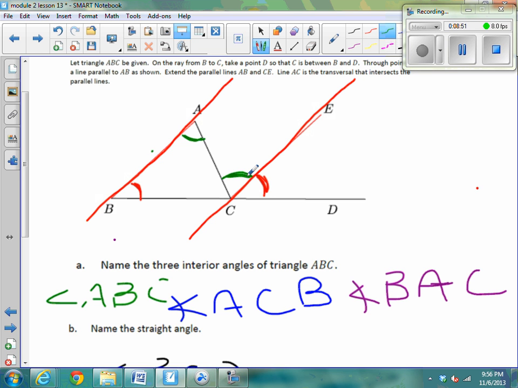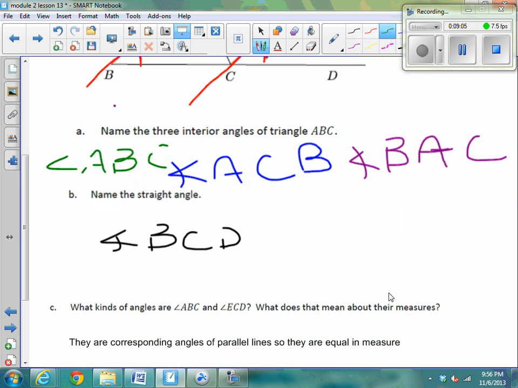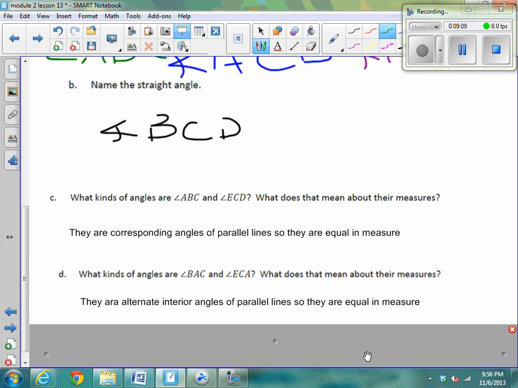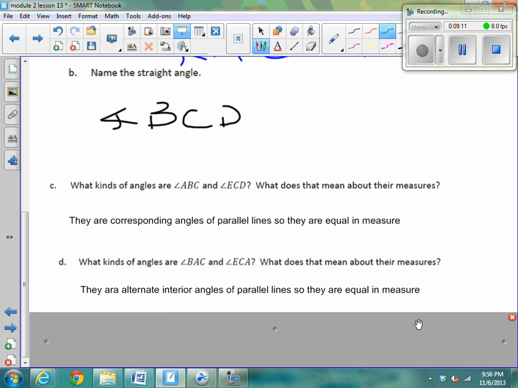And if you look at those angles, if you need to turn your binder sideways, that's fine. But they look like the alternate interior angles being cut by a transversal. So what kind of angles are those two? They are alternate interior angles of parallel lines, so they are equal in measure.